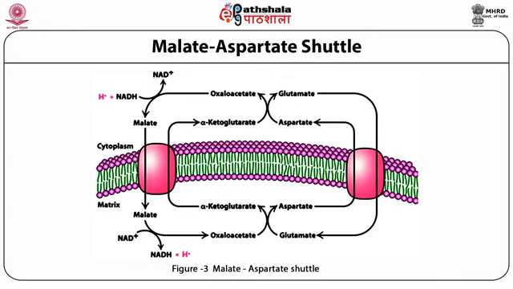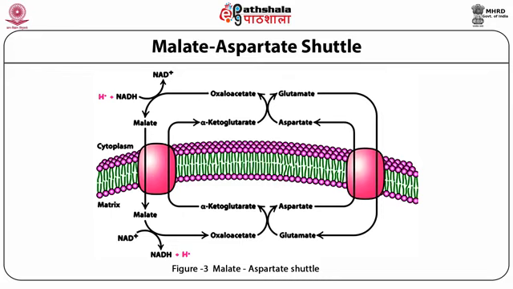Once malate is formed, the first antiporter, the malate alpha ketoglutarate antiporter, imports the malate from the cytosol into the mitochondrial matrix and simultaneously exports alpha ketoglutarate from the matrix into the cytosol. Oxaloacetate is then transformed into aspartate by mitochondrial aspartate aminotransferase.